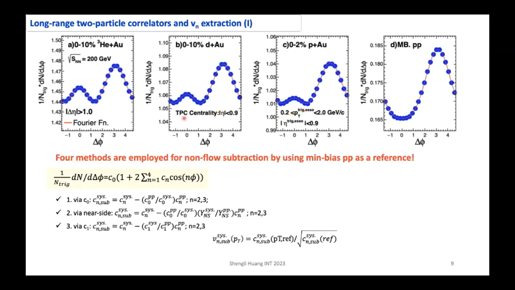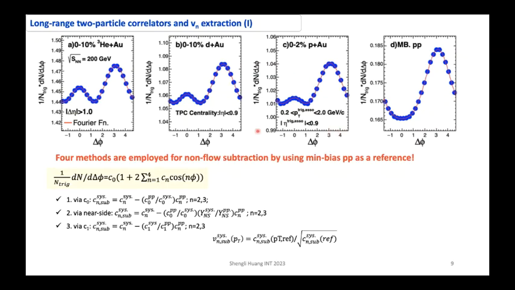That already indicates there is some flow signal in the central d-Au to He3-Au collisions. But we also see that there is some non-flow from the stronger away-side peak from pp, which needs to be removed.